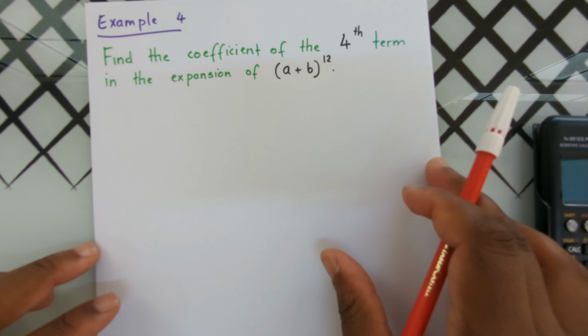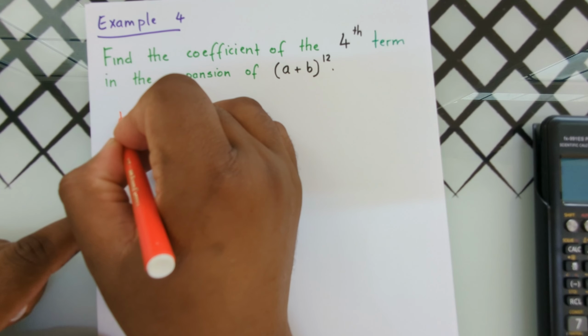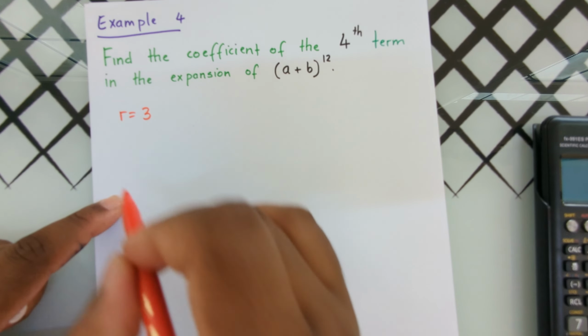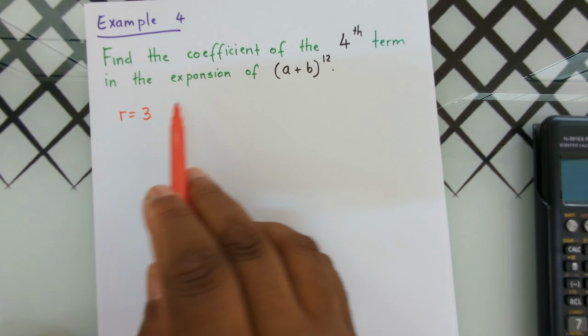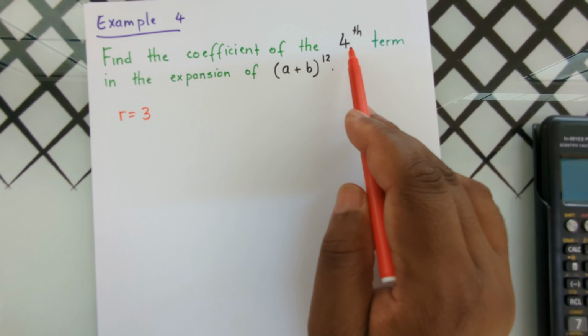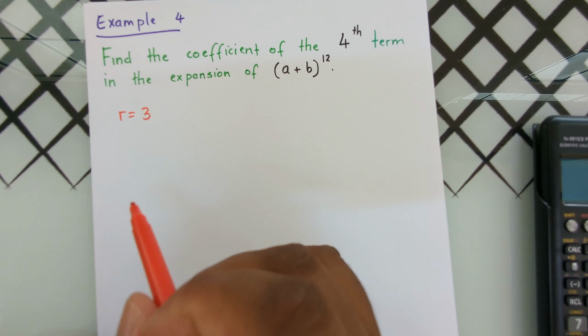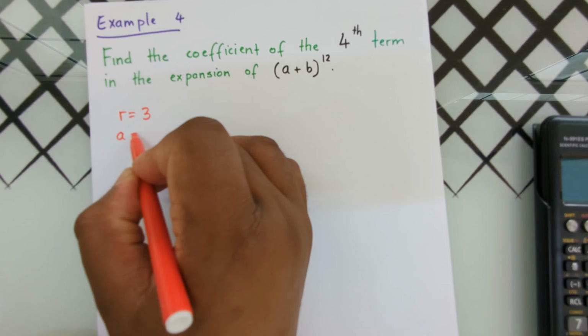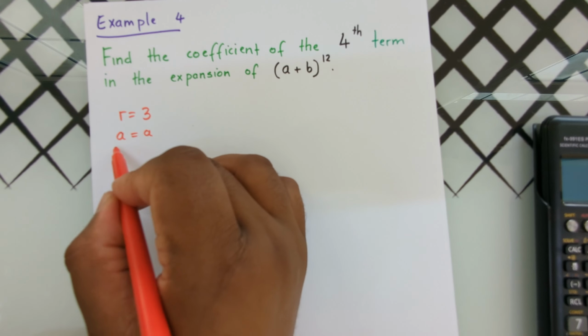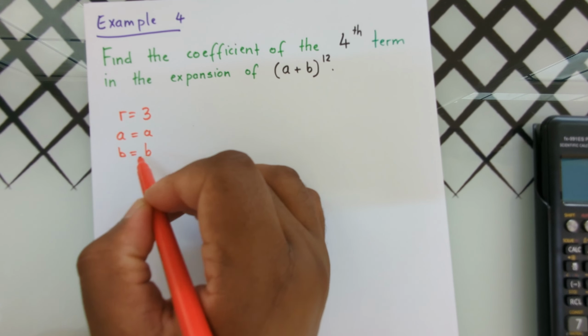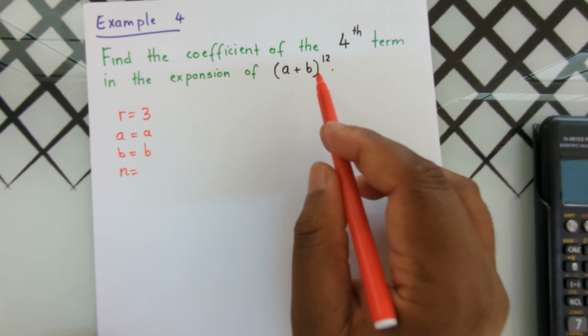So this implies that our r is 3. Our r here will be 1 less than the position they are talking about. So they are talking about the fourth position, r will be 3. And our a is just a, and our b is b, and our n is 12.